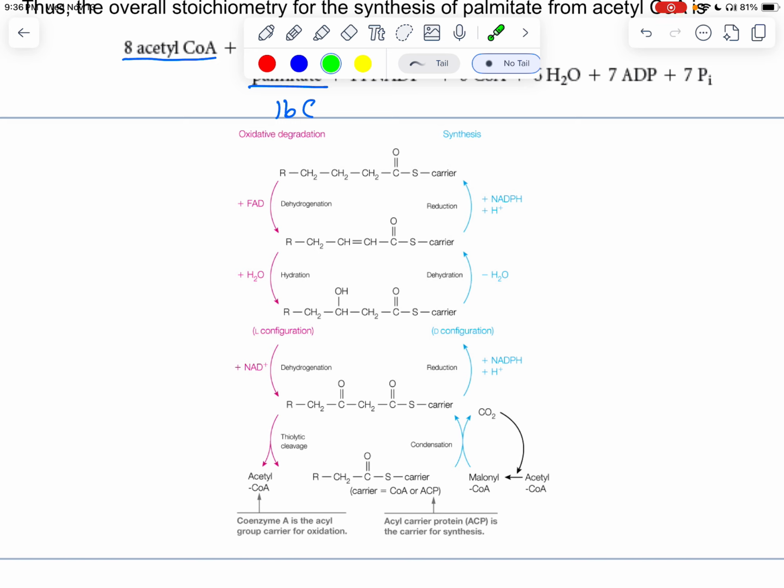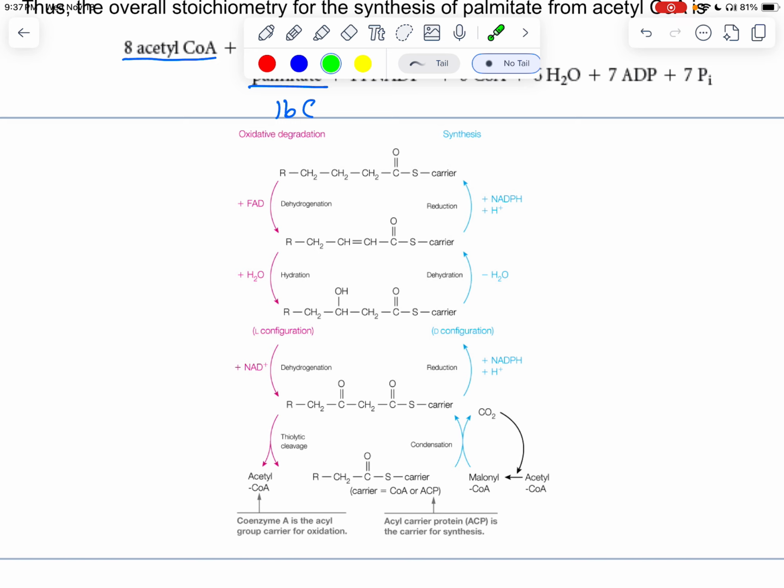We're going to add water across the double bond to get that OH. We're going to oxidize it to get our carbonyl. All right, and then we have the thiolytic cleavage to break off that acetyl-CoA, and leave us with a smaller molecule, which we'll start with again going down. So we made it smaller, 2 carbons at a time.